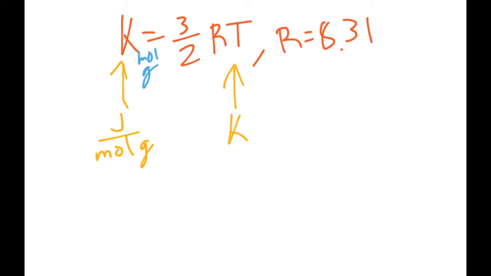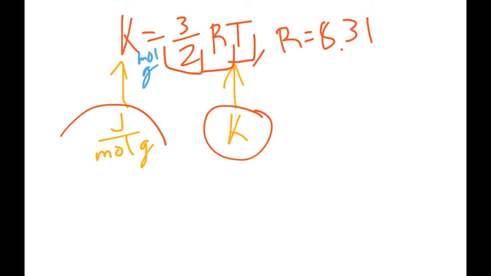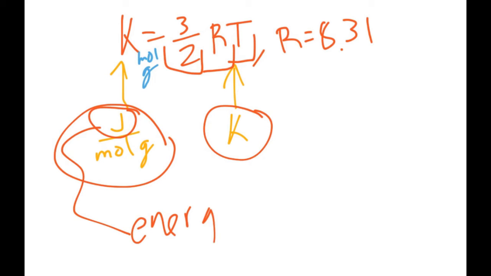So in order to do this, you multiply 3/2 by R, which is equal to 8.31, times the temperature in Kelvin. Notice how the units for the kinetic energy per mole of gas is written as joules per mole of gas. And note that joules is the unit for energy.